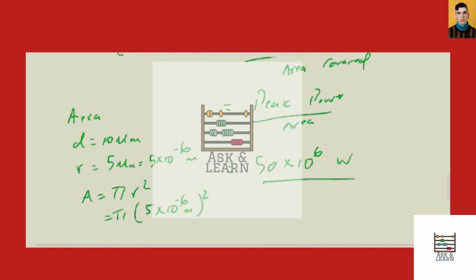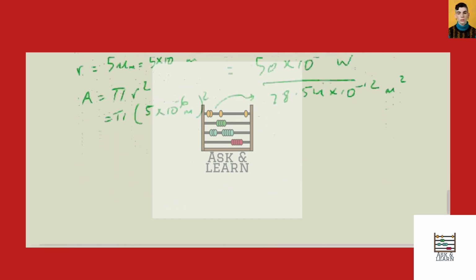And so that area is going to be 78.54 times 10 to the negative 12 meters squared. And if we simplify this, we end up having the intensity of the laser beam being the same as 0.64 times 10 to the 18 watts per meter squared.